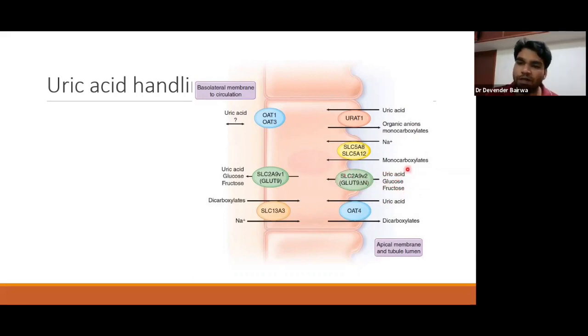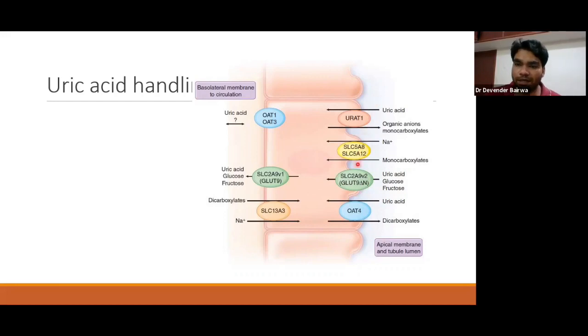So whatever glucose or fructose you give, it will keep absorbing it with uric acid. This is the mechanism of how and why sweetened sugar drinks increase hyperuricemia: they contain fructose, and when this fructose reaches your lumen after filtration, it can be reabsorbed along with uric acid in this cell using this GLUT9 pump.